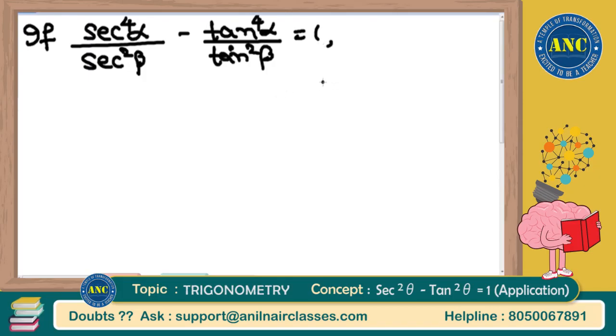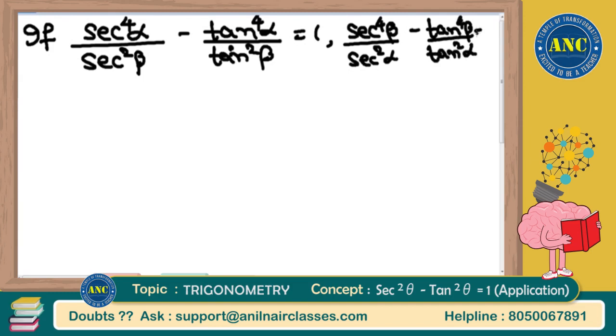Find the value of secant beta to the power of 4 divided by secant square alpha, minus tan beta to the power of 4 divided by tan square alpha. Now this is a similar kind of question which we solved in our morning class. If you have attended my morning class, alpha is becoming beta in the question, and beta is becoming alpha. That is the similar kind of question which we have solved in the morning class.